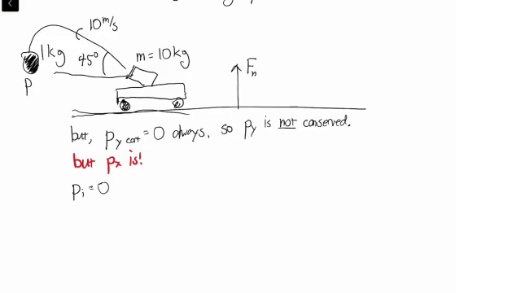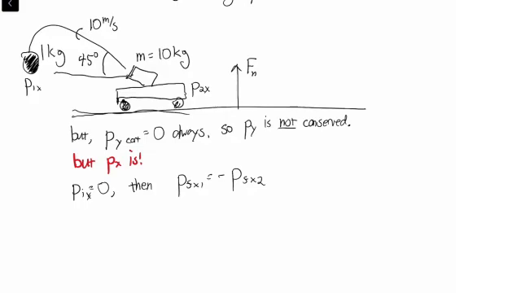If we call this P1x and this is P2x, the initial momentum in x is 0, then P final x1 is equal to minus P final x2.